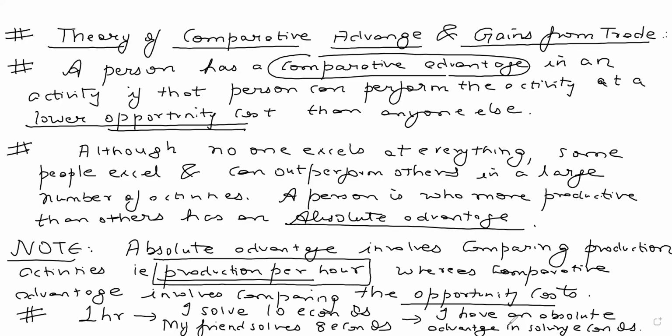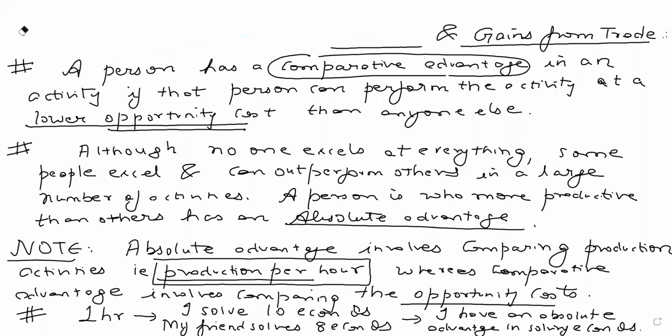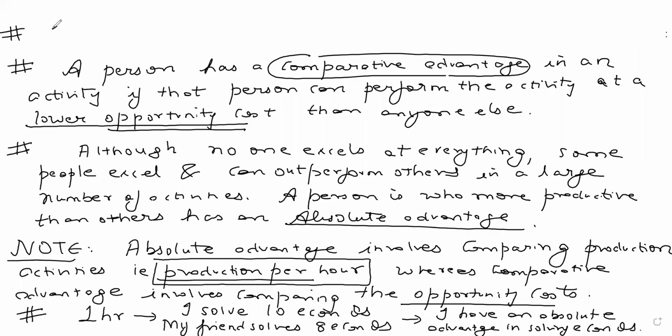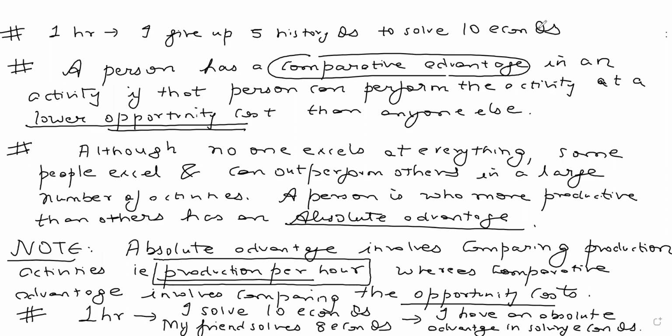On the other hand, if I erase the initial part, suppose in 1 hour I give up 5 history questions to solve 10 econ questions, and my friend gives up 10 history questions to solve 10 econ questions.